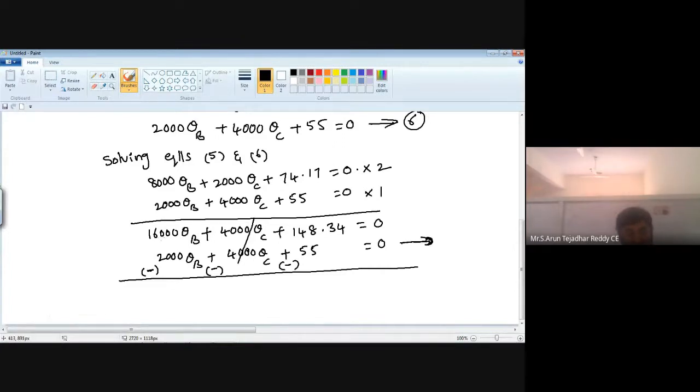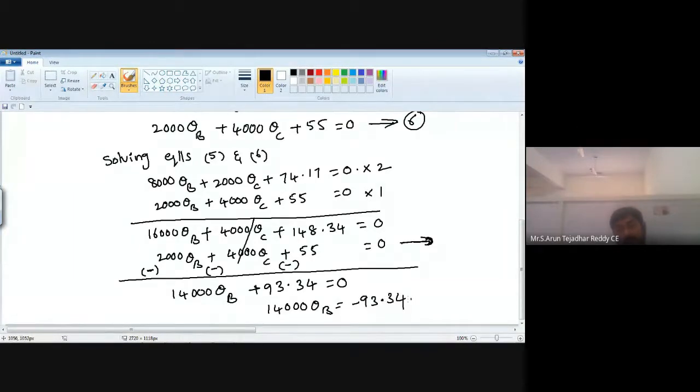Remaining is 16,000 theta B minus 2000 theta B, then it is 14,000 theta B. Next, plus 148.34 minus 55, then it is 93.34 equal to 0. Now from this one calculate the theta B value, that is 14,000 theta B is equal to minus 93.34.